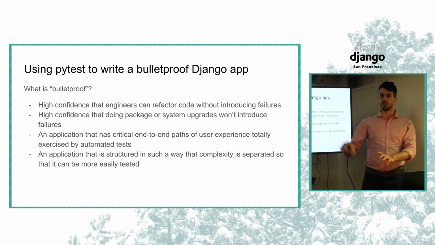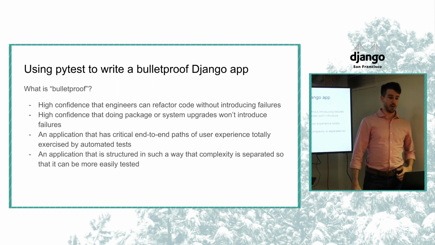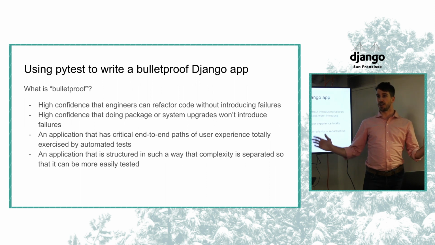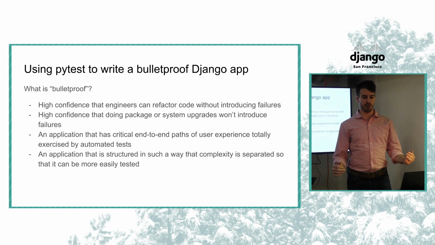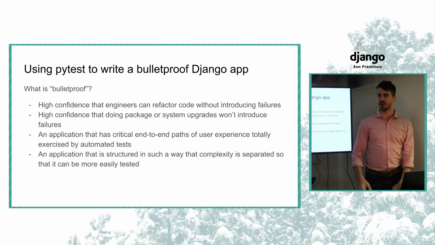You can refactor things, run the test suite, and know what's breaking. Along with that, you have really high confidence that if you do a Django upgrade or just a miscellaneous package upgrade, you're not going to introduce random bugs in the system. Ideally, your test suite is covering a lot of critical parts of the code, so you have a lot of confidence that doing very minor things, such as just upgrading libraries, isn't going to break everything.